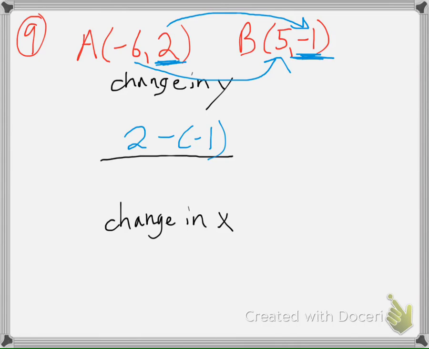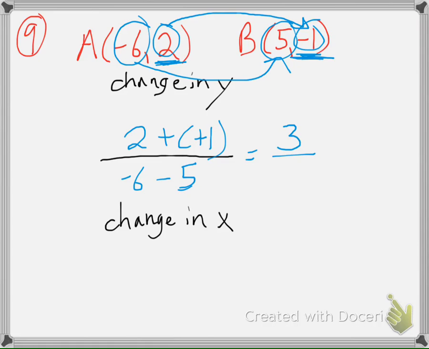So 2 minus -1 gives us 3, because 2 minus a negative is the same thing as 2 plus a positive 1, right? And since I did the first value minus the second, I need to do the first value, -6, minus the second, 5, right? So what's -6 minus 5? -11, because I could change that to plus -5. -6 and -5 is -11.